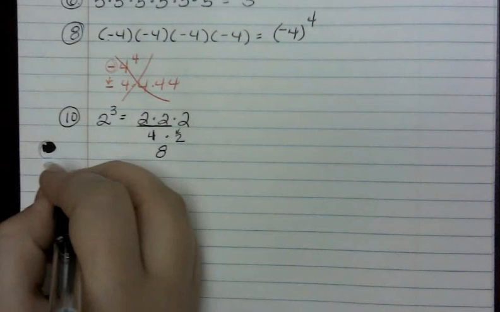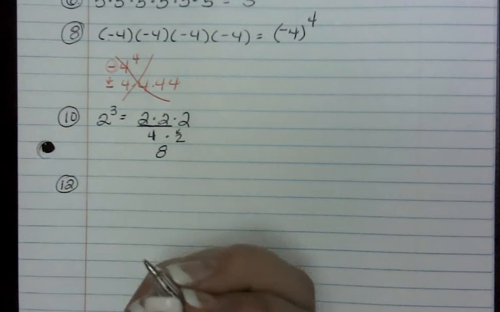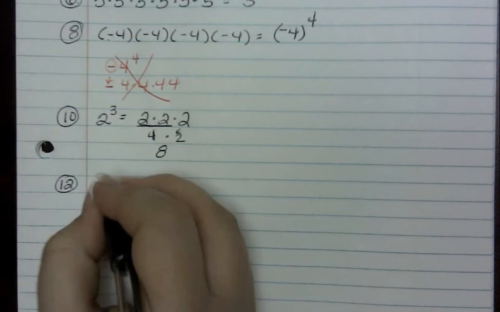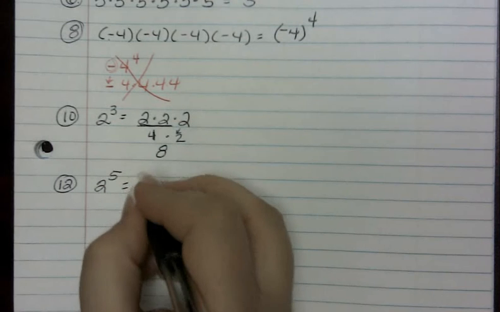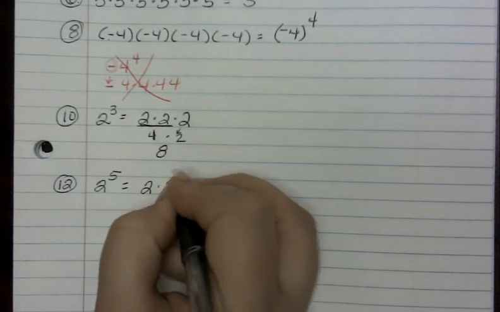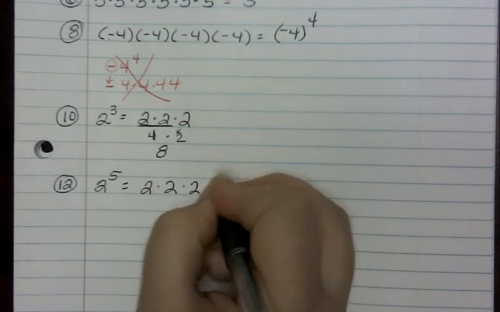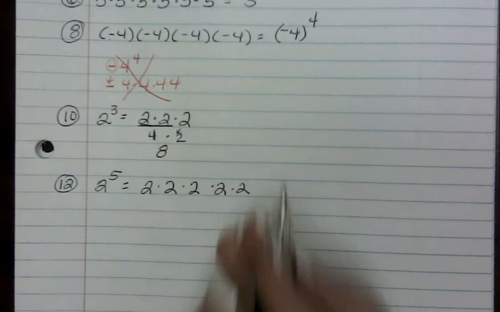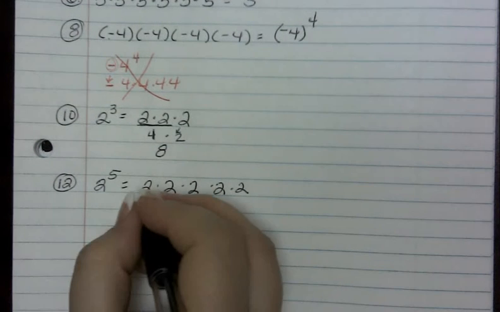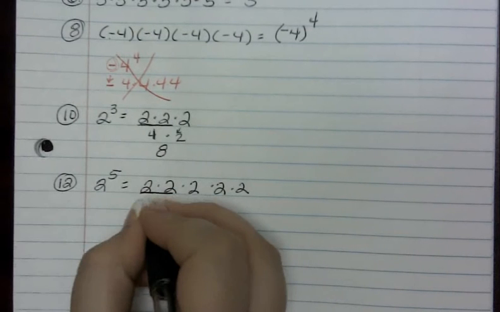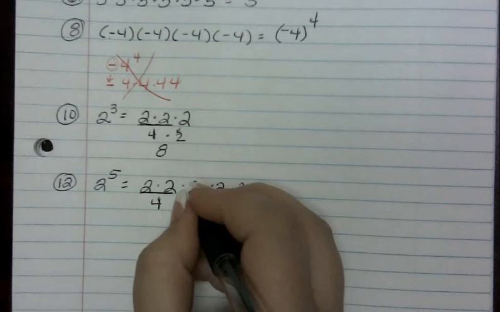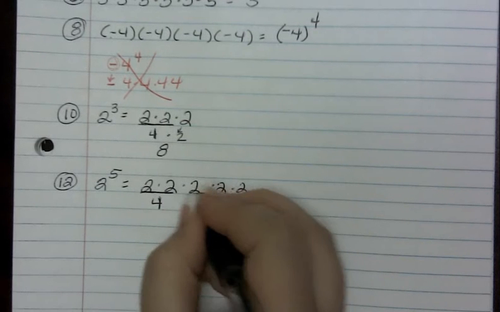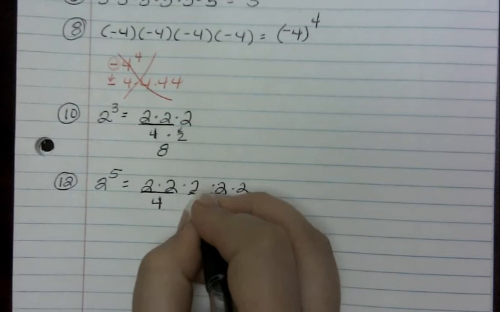Problem number 12. I have 2 to the 5th power, which means I have 2 times itself 5 times. So I'm going to multiply these two. So 2 times 2 is going to give me 4. And then I can multiply these two. 2 times 2 gives me, again, 4.